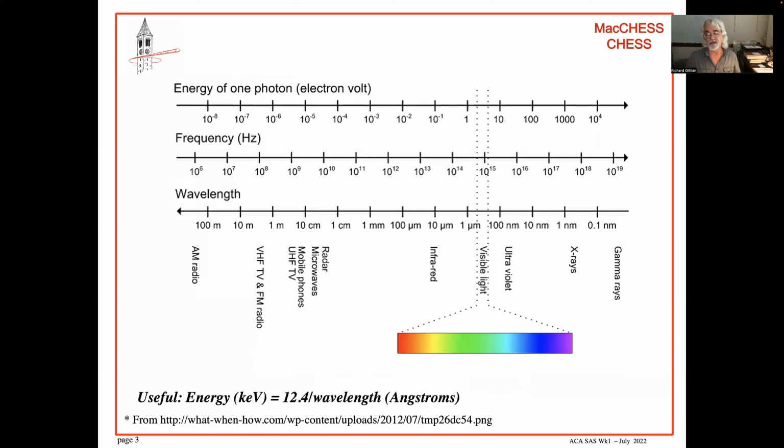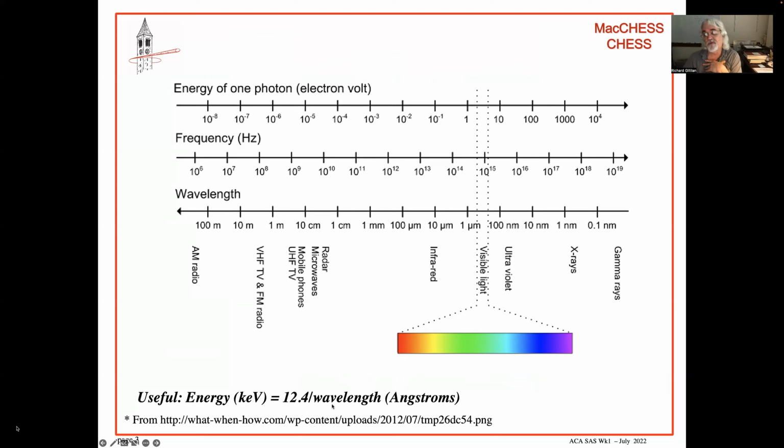Okay, so we're dealing with X-rays, which you know are not visible light. Here's a spectrum to give you the big picture. You can impress all your friends: we often talk about the energy of an X-ray in keV instead of the wavelength, but the two are interchangeable. If you just memorize 12.4, you can convert in your head between the two.